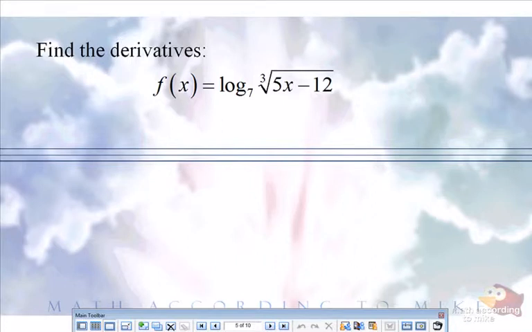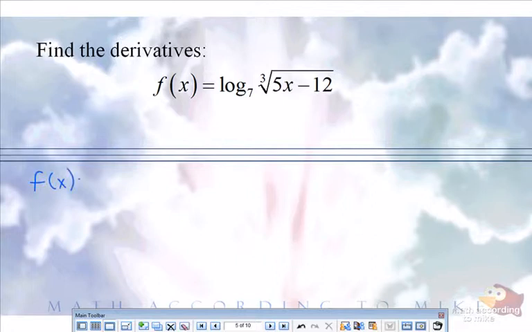If we don't simplify it, then we have to do the chain rule twice. Because we have a function inside of a function inside of a function. It's a 3-tiered function fiasco. So it's better if we simplify first. So how can we rewrite this so that it's simplified?